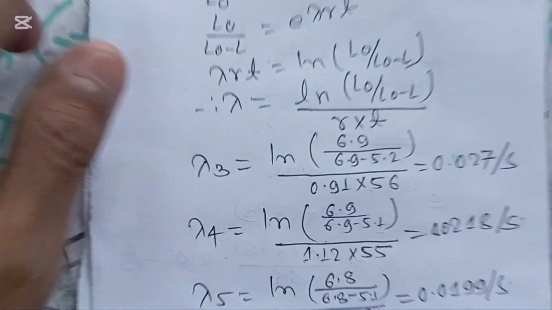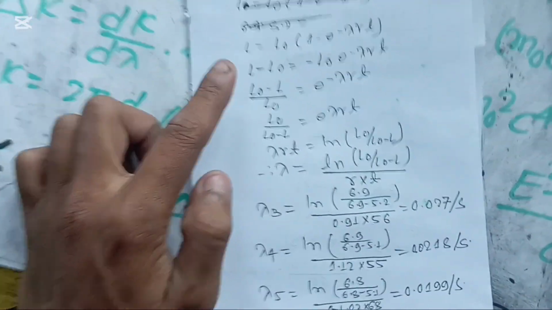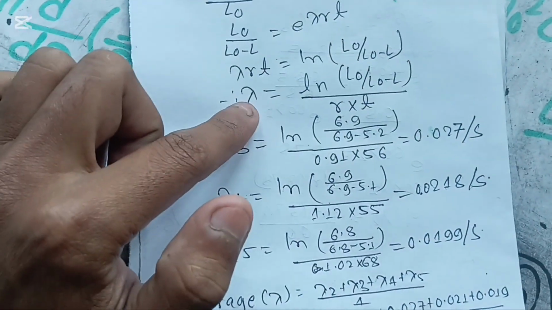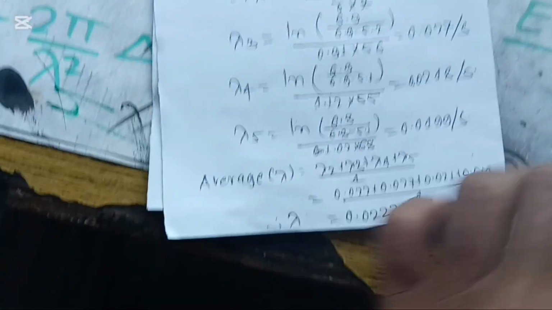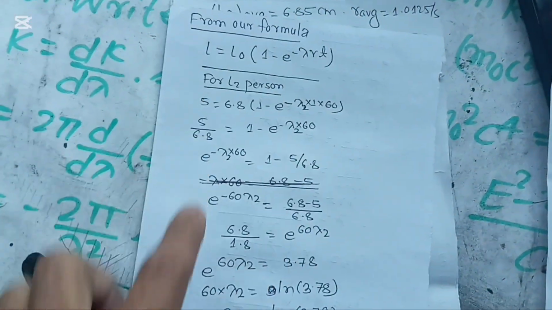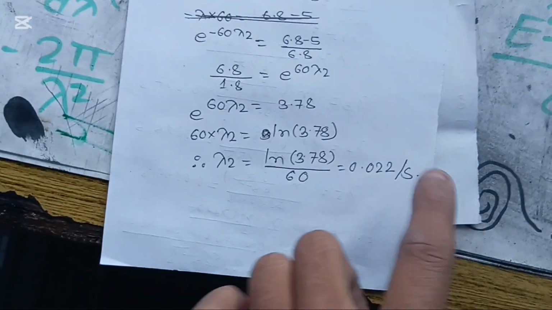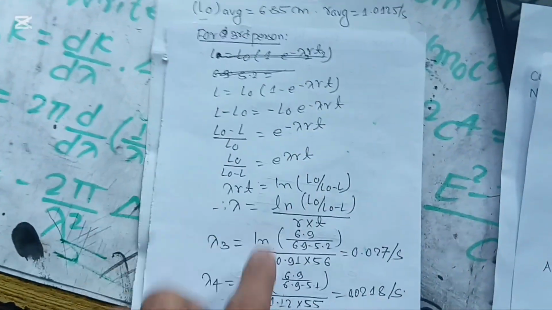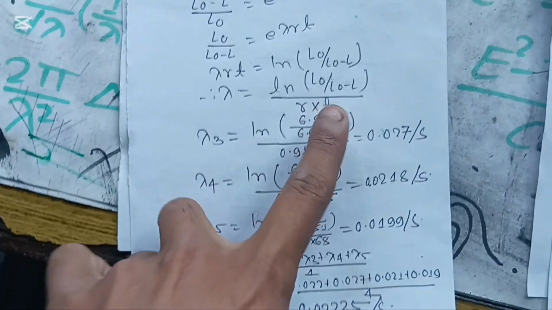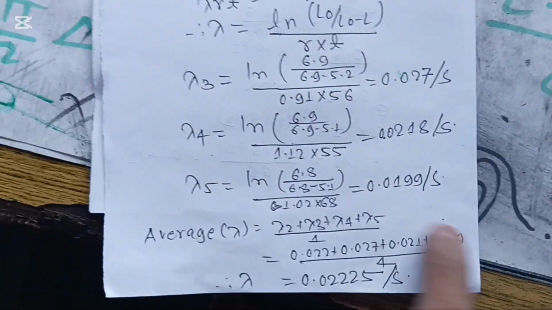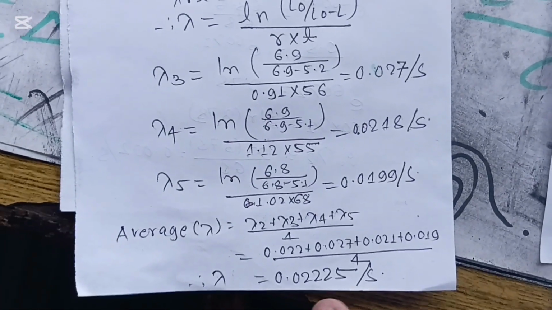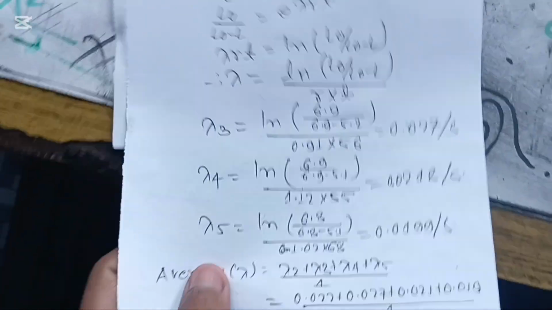Okay, and for the whole scenario, I had calculated lambda, which is our rate constant during this experiment. I had got various lambda values. You can actually see from here using this formula, I had calculated for the second person that is 0.022 per second, and for the third person I had made a general formula, look at this, and I had substituted values and I got lambda 3, lambda 4 and lambda 5, and the average of all these is going to be 0.02225 per second.